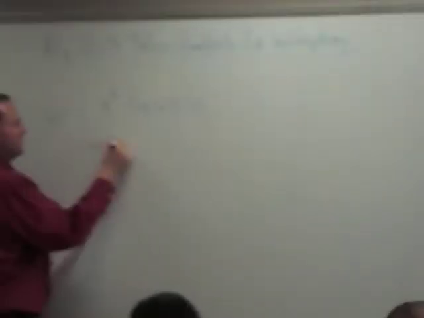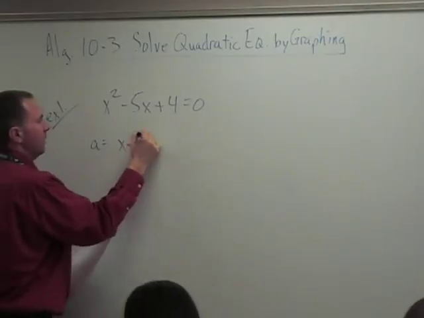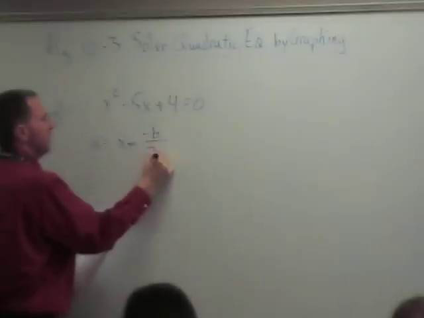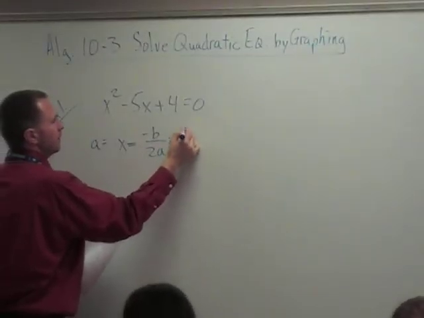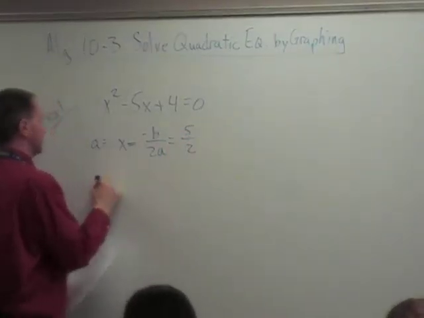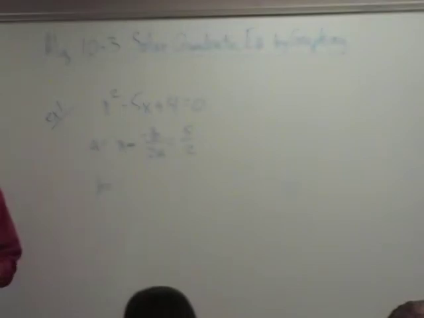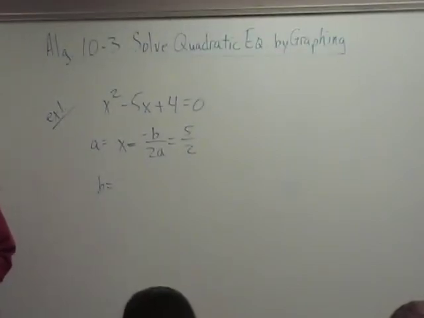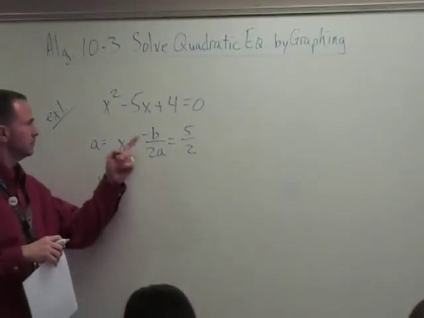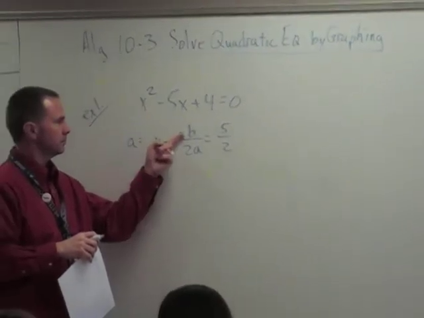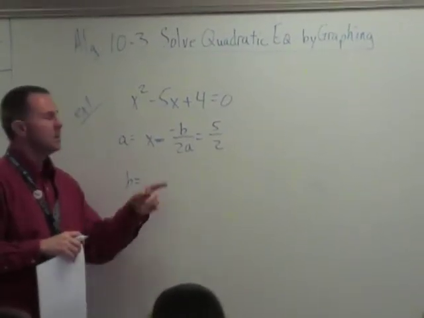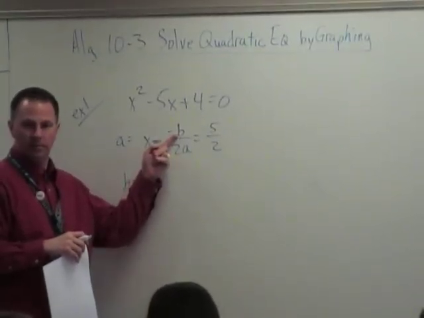A was find the axis of symmetry, so everybody do that real quickly. Minus b over 2a. Yes? Okay, with the negative b, I don't really get where you're supposed to use that. The opposite of b.